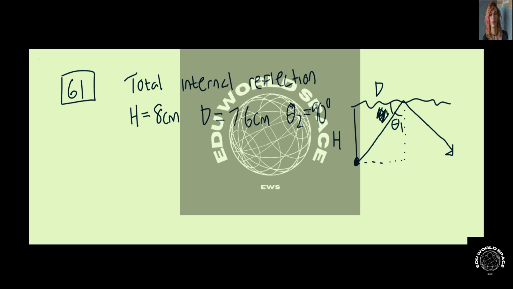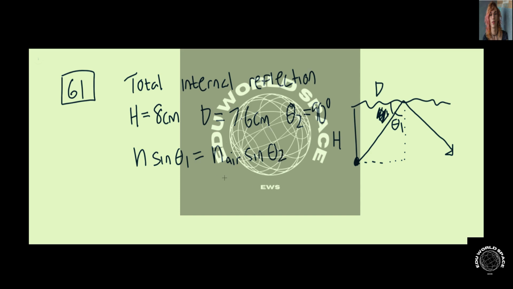So by definition, for internal reflection, the second angle, theta 2, the refracted slash reflected angle, is always 90 degrees. That's always the case for total internal reflection. So we're going to apply Snell's law for refraction, which will state that n liquid times sine of the incident angle, theta 1, is equal to n of air times sine of theta 2.